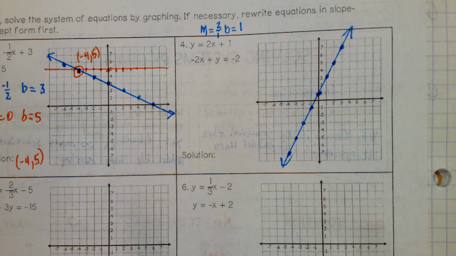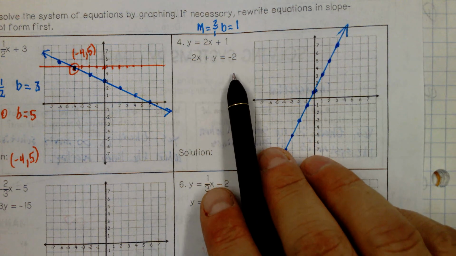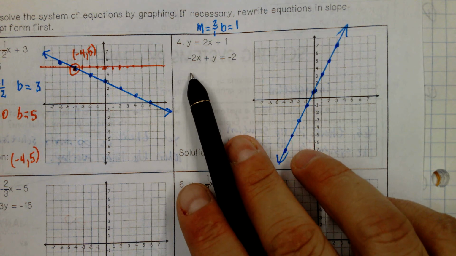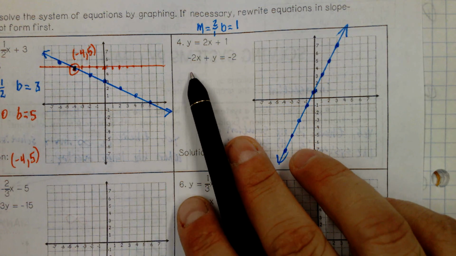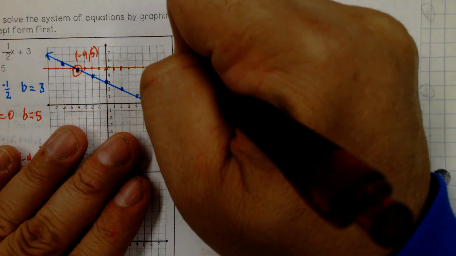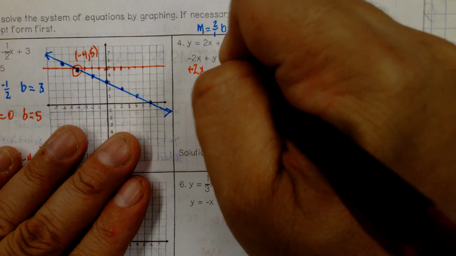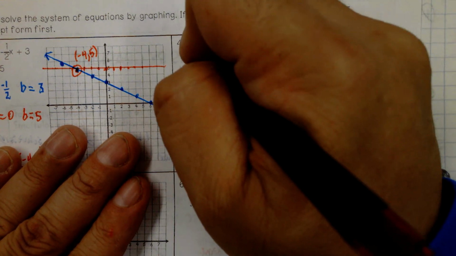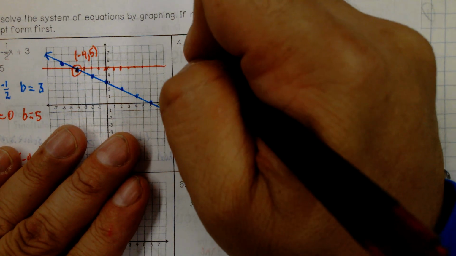We're almost done. This is in standard form, not slope intercept, right? I want to get rid of this negative 2x on the left side. What's the opposite? Okay, write it there and over here. Again, this is negative 2x and that's positive 2x.